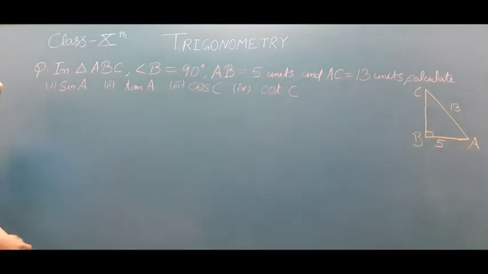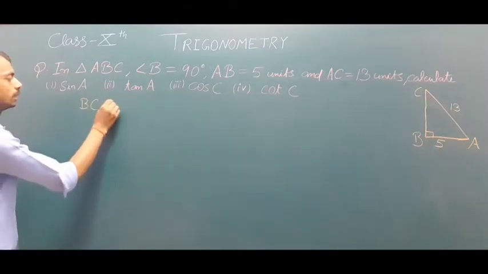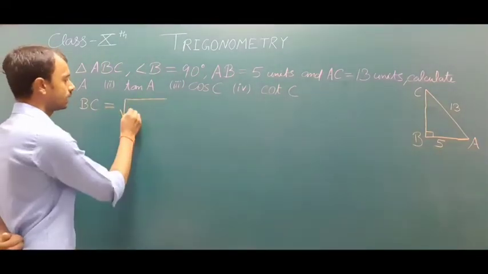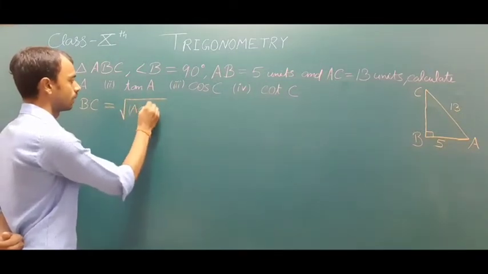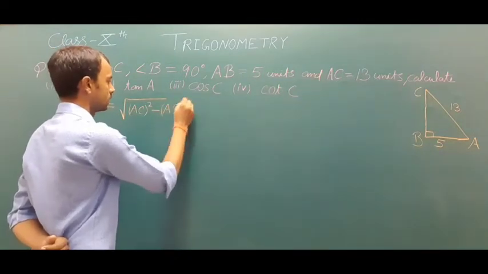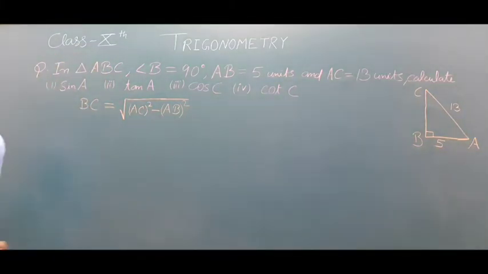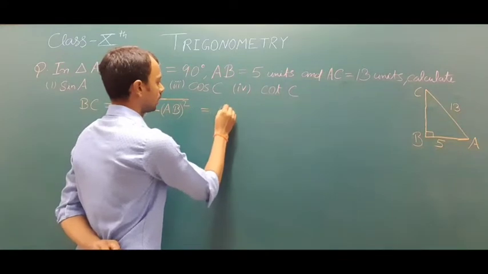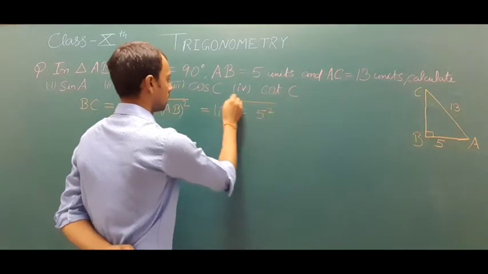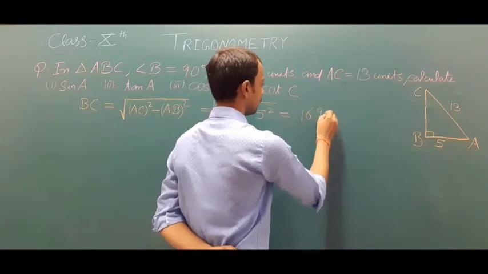By the Pythagoras theorem, BC will be under root of AC square minus AB square. So here we will get 13 square minus 5 square, which is 169 minus 25.